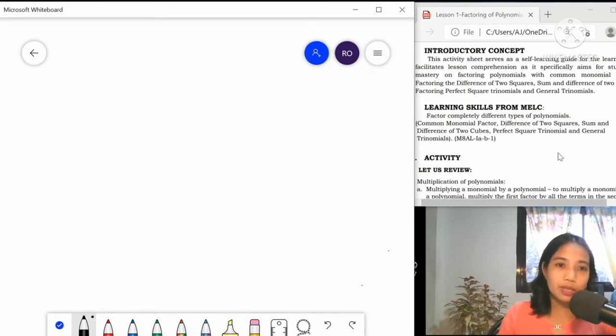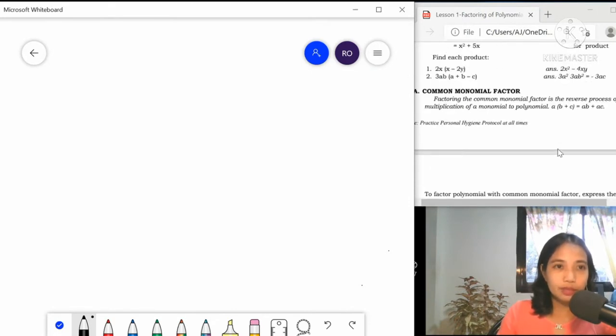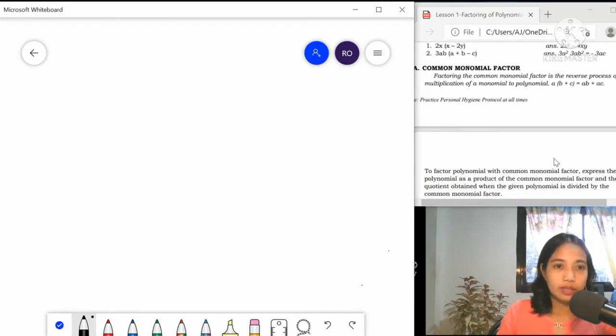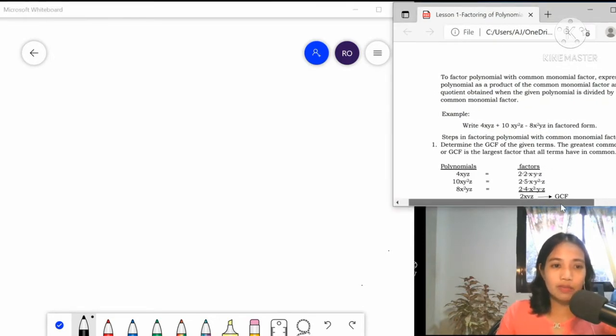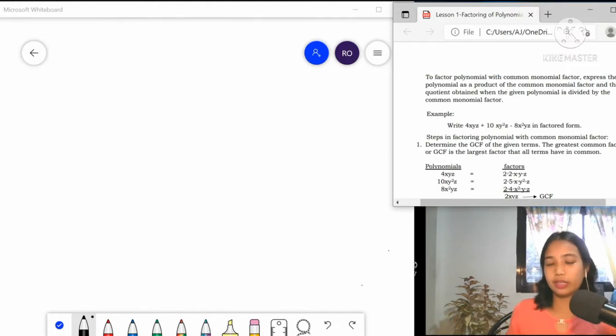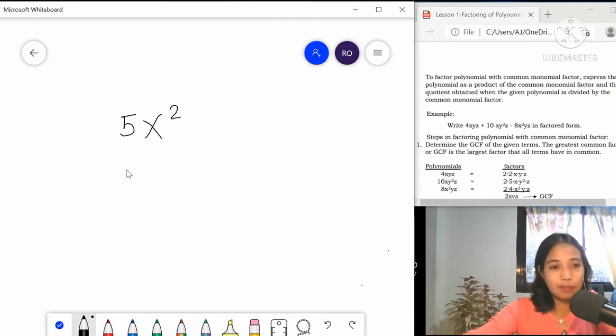Okay, so let's proceed now to the common monomial factor. Before we do that, let's review first the parts of the polynomials. In an example, 5x squared, this is an example of polynomial, which is called a monomial. 5 here is the numerical coefficient.